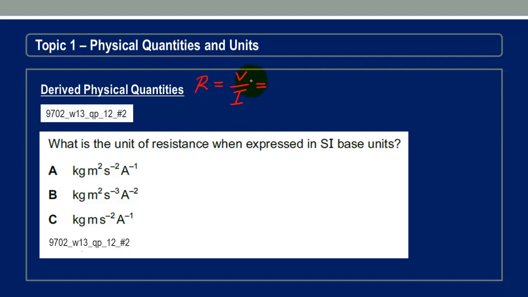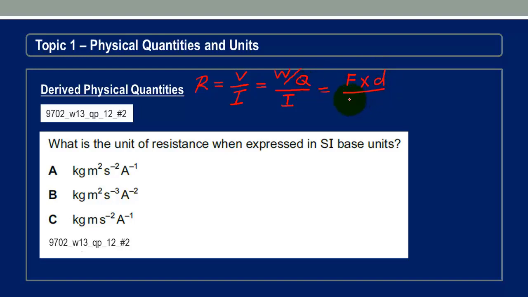Potential difference is defined as work per unit charge. So we are going to have work divided by charge, Q, divided by current, I. Work is force times distance.